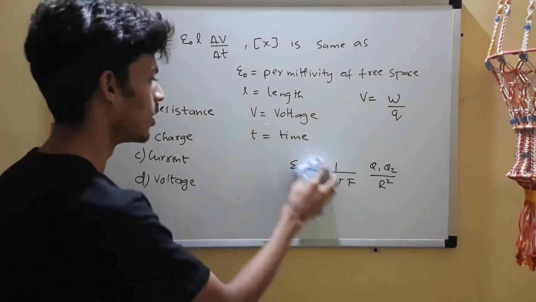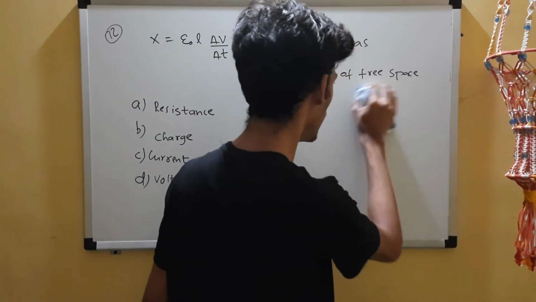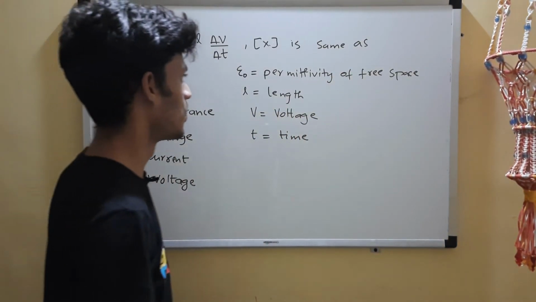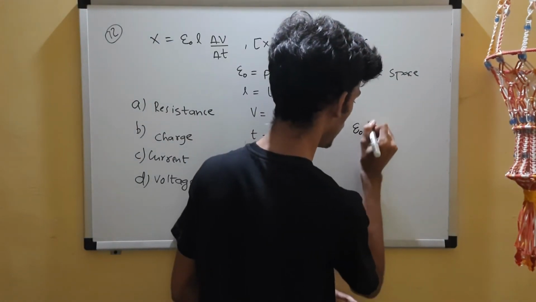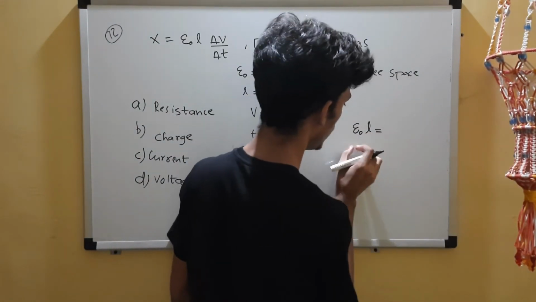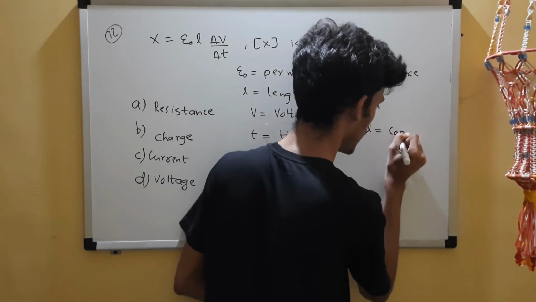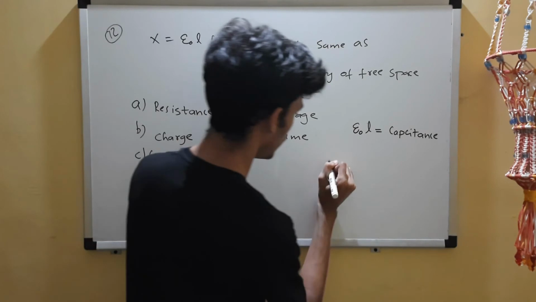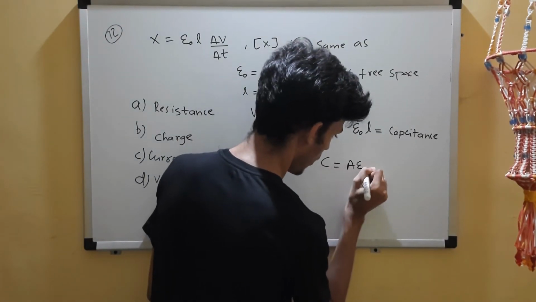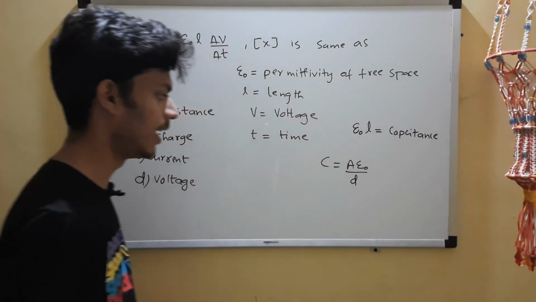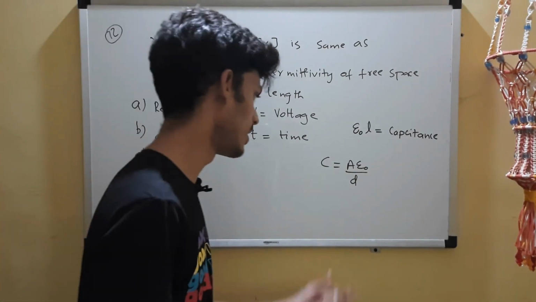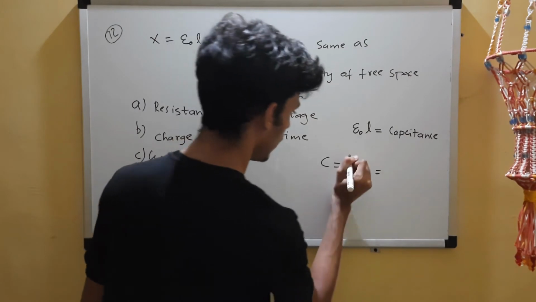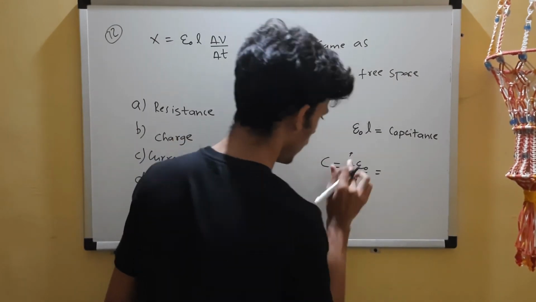But I will give you a hack from which you can solve this question orally. The hack is epsilon naught into L. Epsilon naught into length is capacitance. How did I get this? First of all, C is A epsilon naught by D, the formula for C. You can see that this is area and this is some length, meter square by meter.